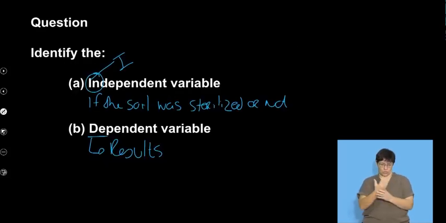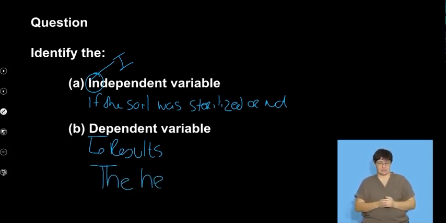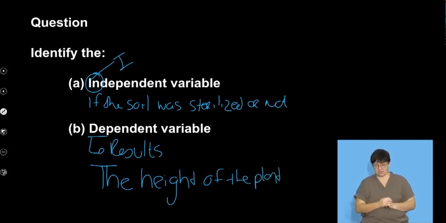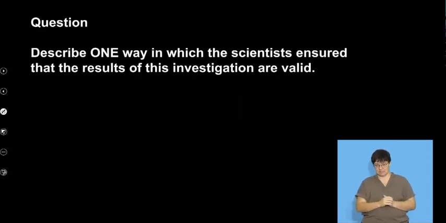So if we have a look at the dependent, it was the height. That's my results. How well did they grow? The height of the plants. Guys, we always remember units of measurement. How did I measure it? In centimeters.